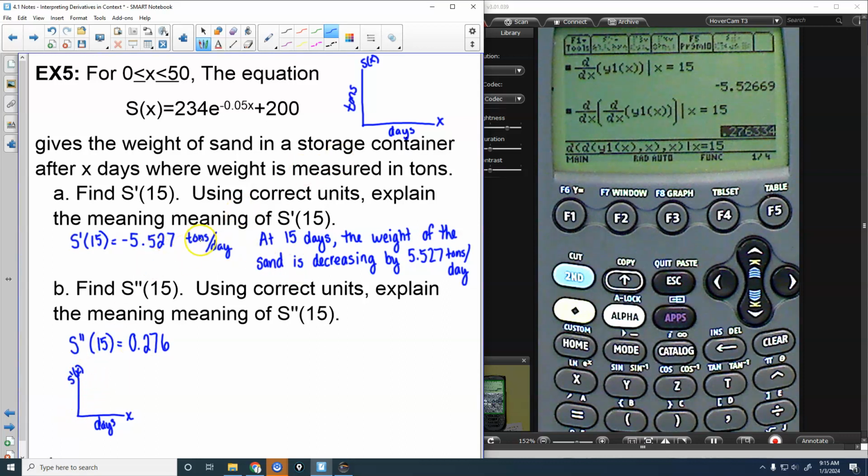S prime of x, what we just did in A, that was tons per day. So when we're taking the derivative of this, we're going to have tons per day, or you can say tons per day squared, if you prefer.